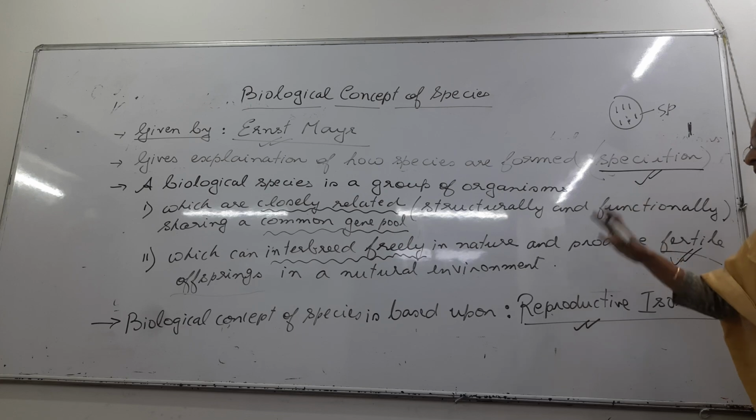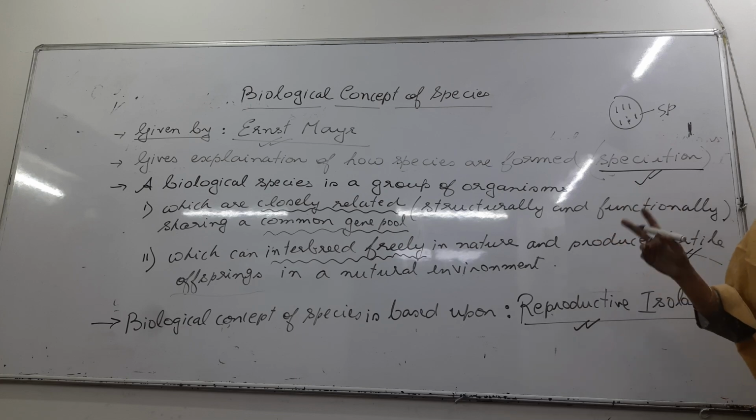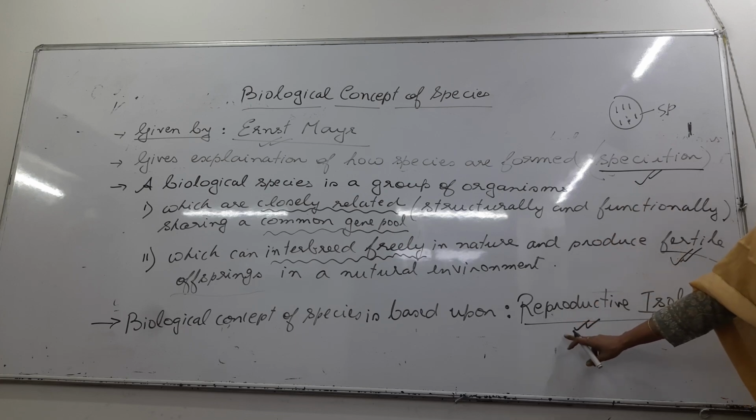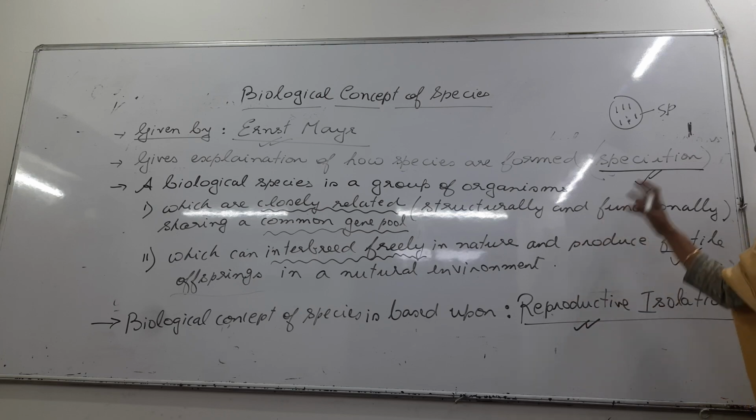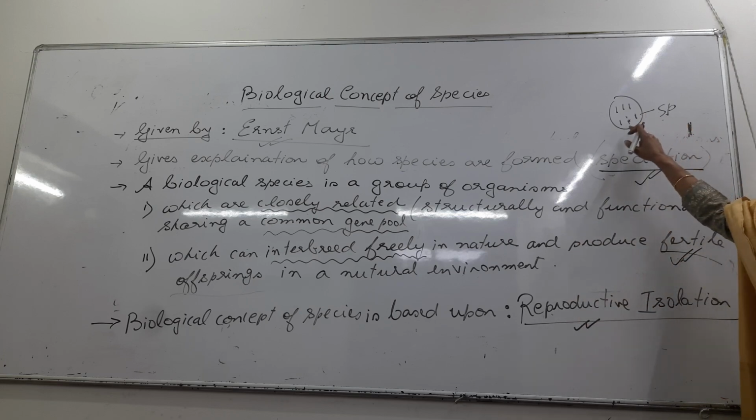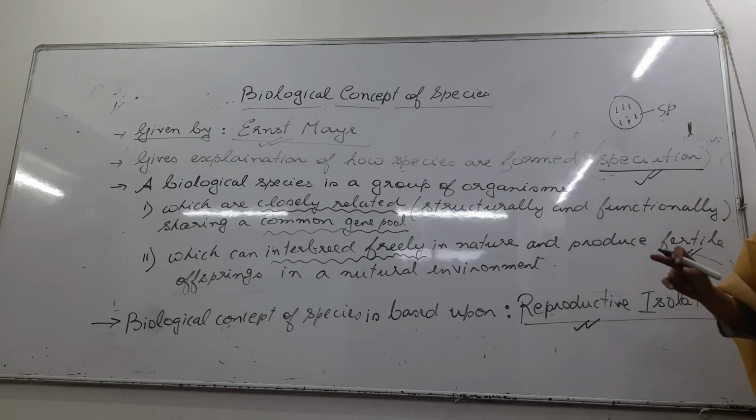So out of all the points that we have written, the most important word of the biological concept of species is this one. If they are reproductively isolated from others, and reproduction happens among themselves, then they are included in the species. For example, a cat will mate with a cat. If a cat and a dog mate, that would not be considered a species, right?